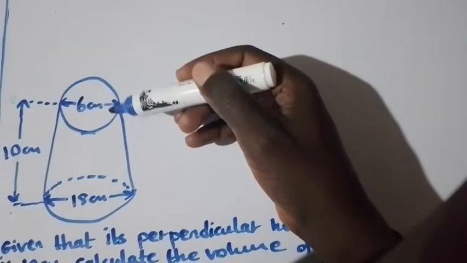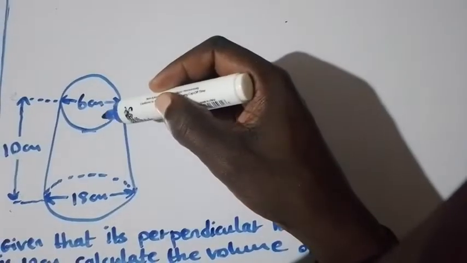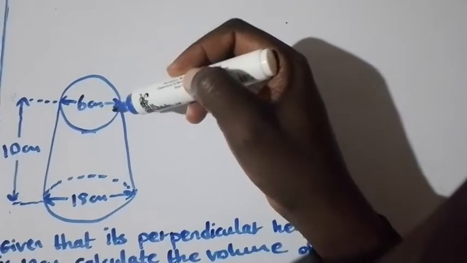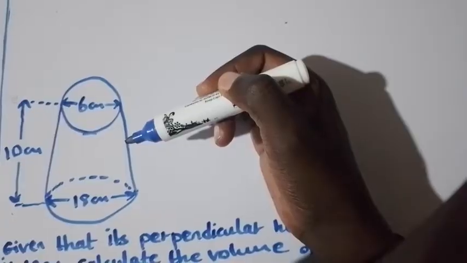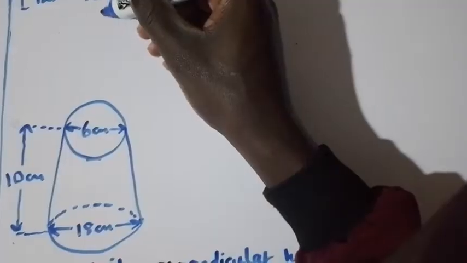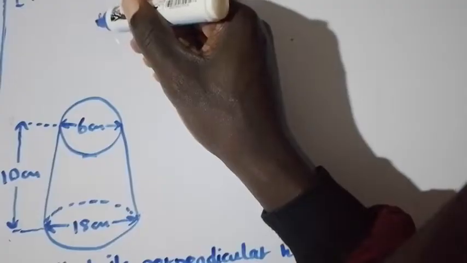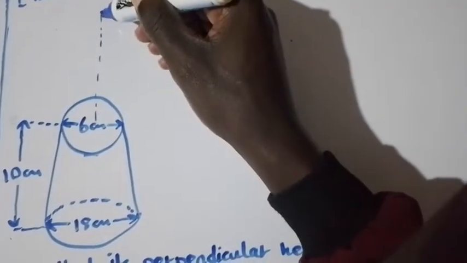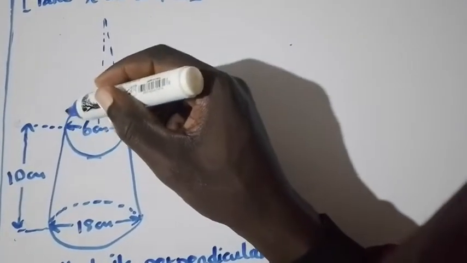So now, how do we calculate the volume of the frustum? It is just a matter of calculating the volume of the larger cone and the volume of the smaller cone, then you subtract the two. So we need to extend the removed part here so that we can know the larger cone.